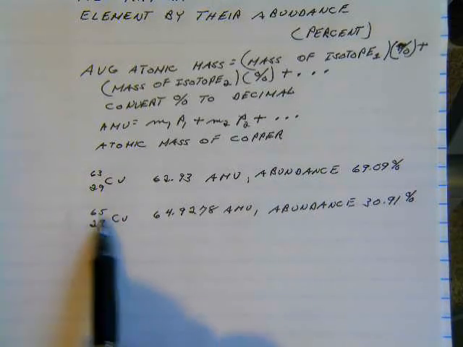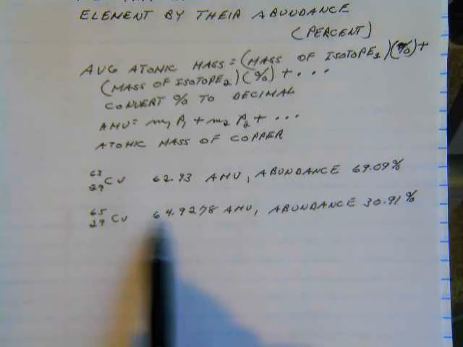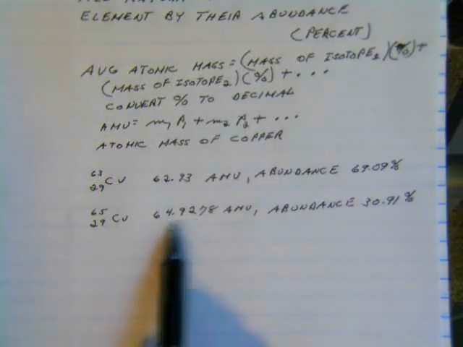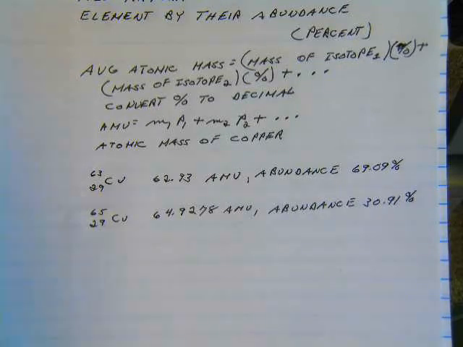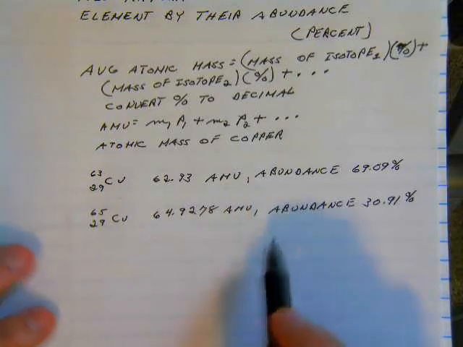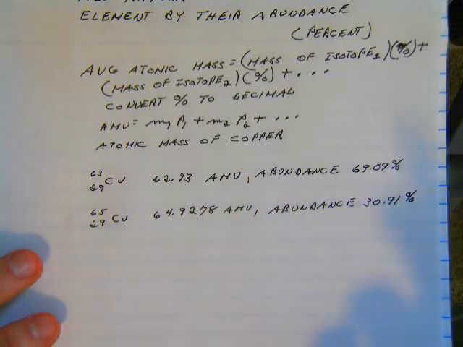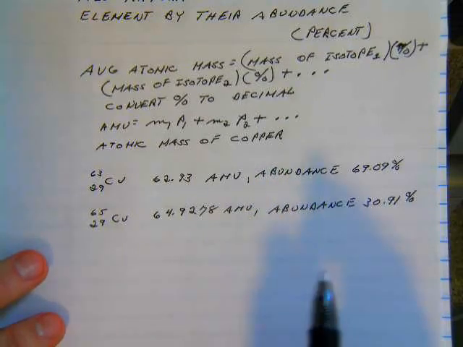The second isotope, copper 65, has an AMU mass of 64.9278 and an abundance of 30.91%. So let's calculate the average atomic mass of these two isotopes of copper.